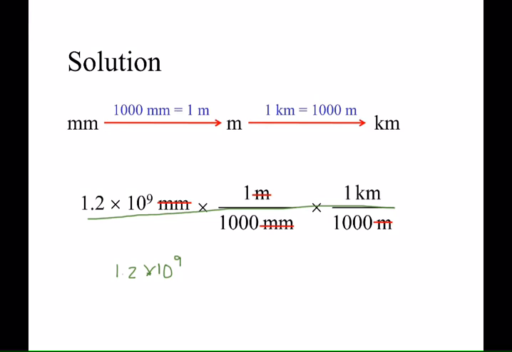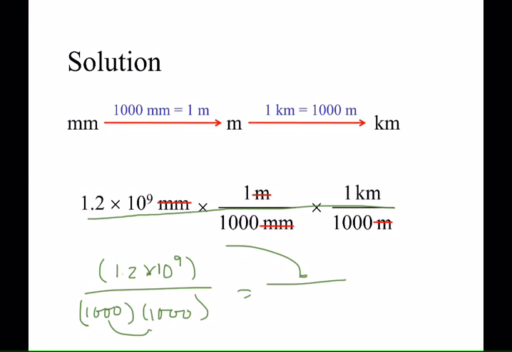In the top we have 1 and 1, so I'm not going to write that down. In the bottom we have 1,000 times 1,000. Feel free to write that number there, multiply this out, and do one last division, if that helps, for sure.